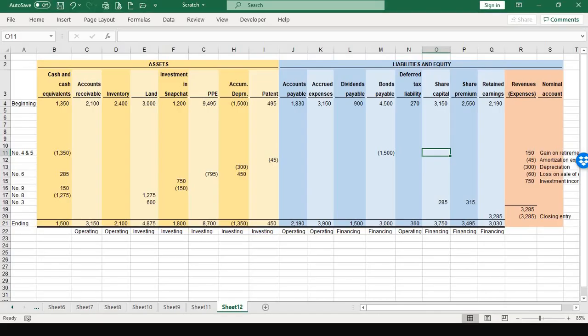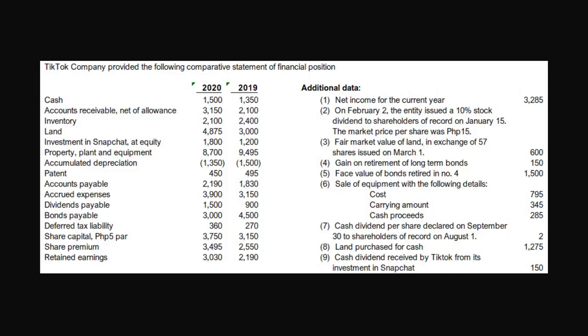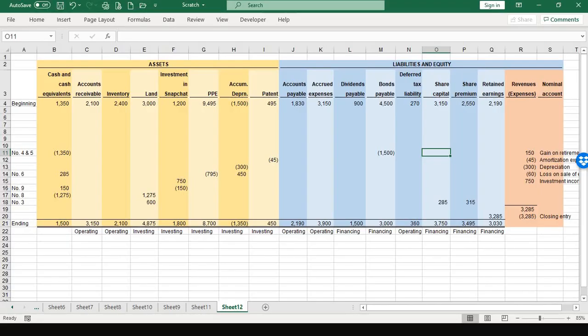Since the beginning balance of share capital is 3,150 and the 285 peso transaction, which is issuance of share capital in exchange of land, is dated March 1 based on the additional data number 3, it means that the shareholders of record on January 15 are the outstanding shares pertaining to the 3,150 beginning balance of the share capital.